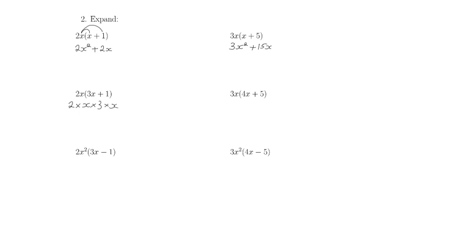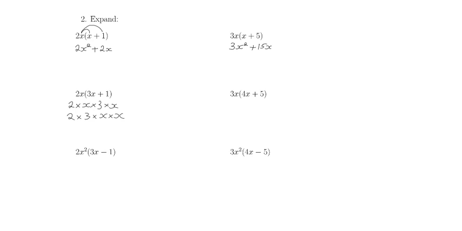We can reorder this multiplication because when you're multiplying numbers the order doesn't matter. So let's reorder this. I'm going to put all the numbers at the left and all the x's at the right. So we get 2 times 3 times x times x. All I've done here is switch the order of the x and the 3 in the middle.